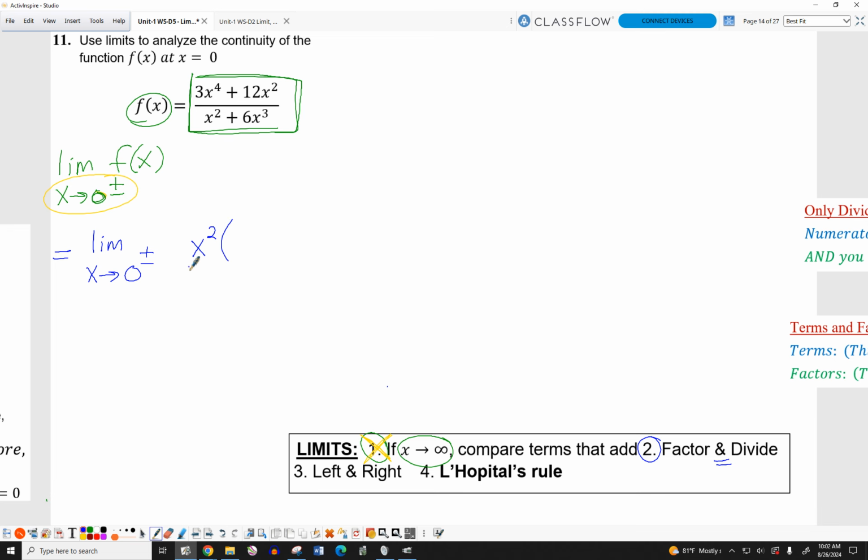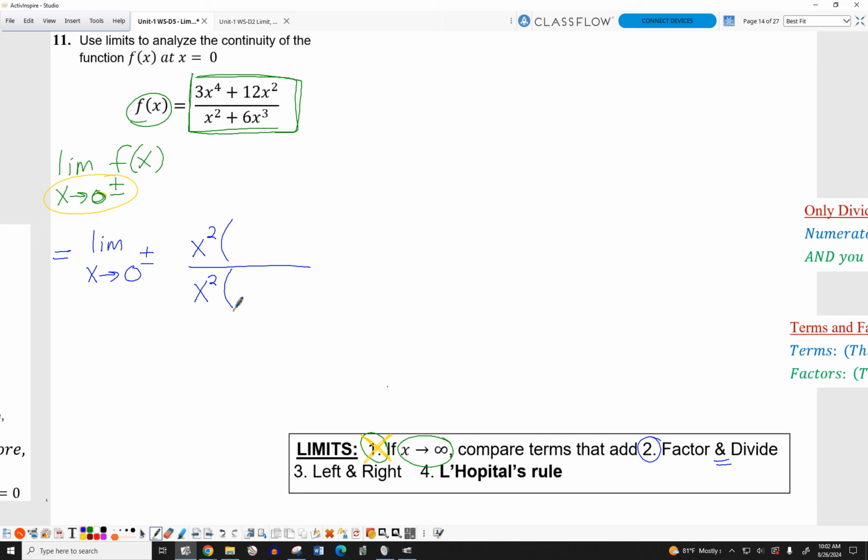Because I can see that I'm going to be able to pull out an x squared on the bottom as well. There's no reason to factor if I can't get a factor on the top that matches a factor on the bottom. I could have pulled out a 3 on the top, wouldn't have made any difference because there's no 3 on the bottom. So you can pull it out if you want, you don't have to. Plus it's just a constant. So, questions?